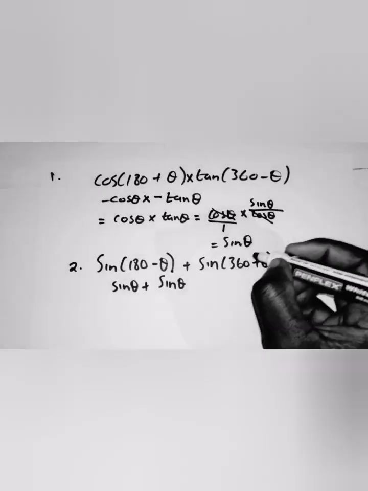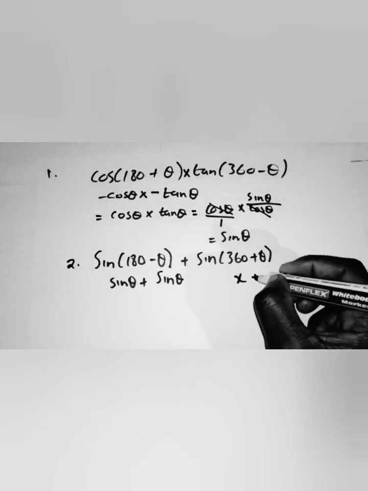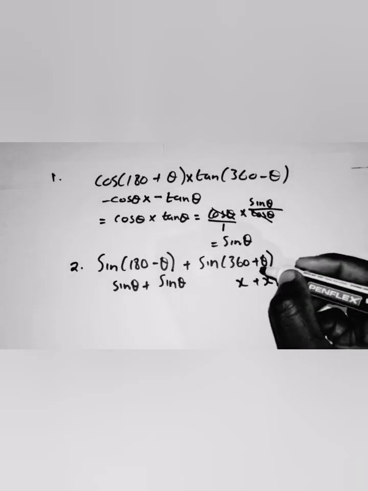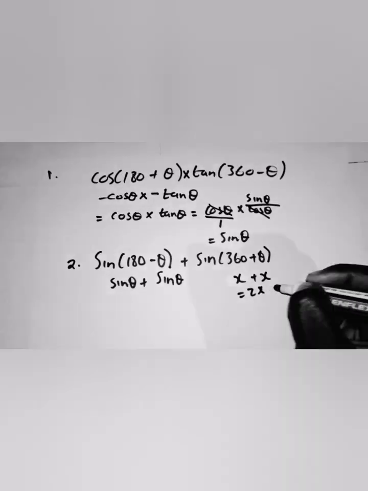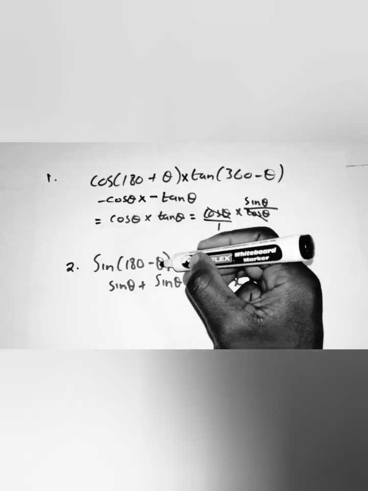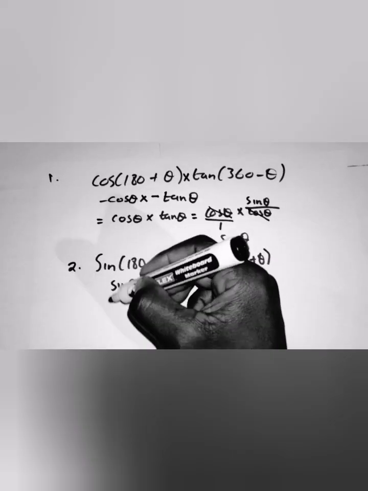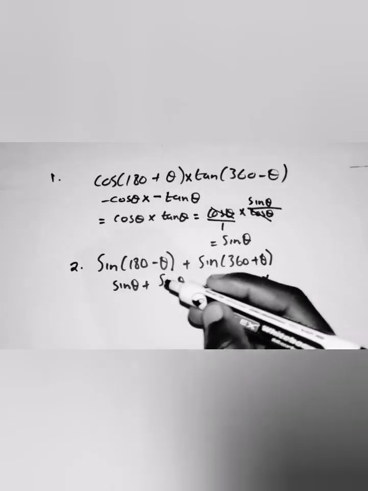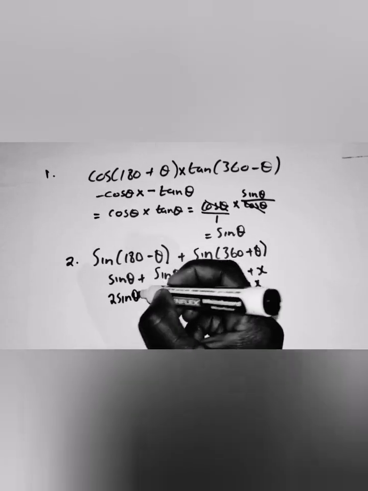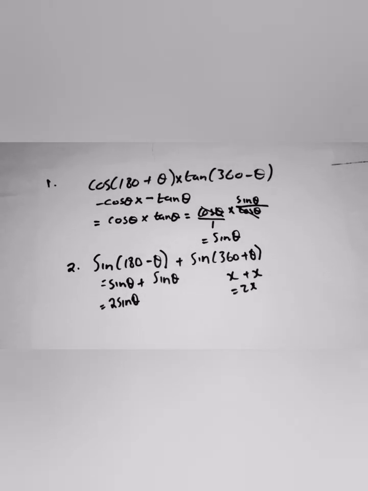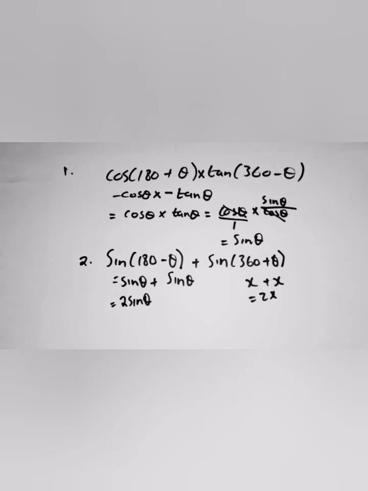Now here we have, for an example, in algebra you were taught that x plus x is what? It is 2x. Even here it's still the same thing, there's a coefficient of 1 here and 1 there. Then do what? You add those ones, then you take the sine as the common factor, then you sum, then you have what? 2 sine theta.